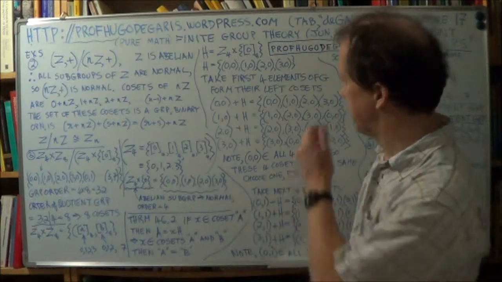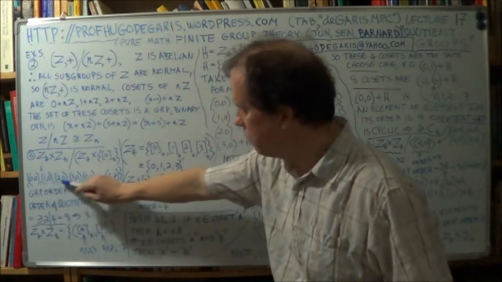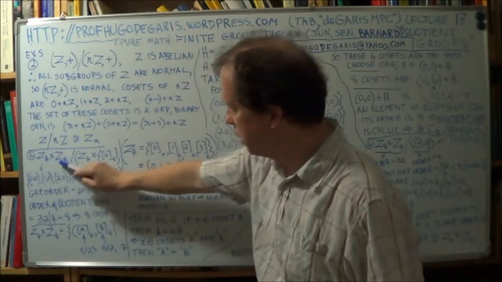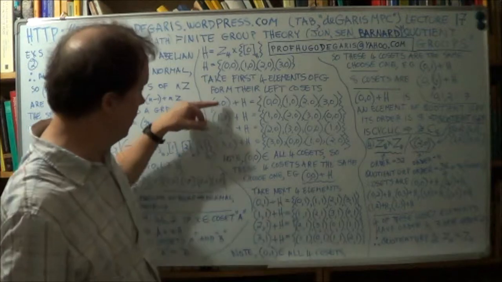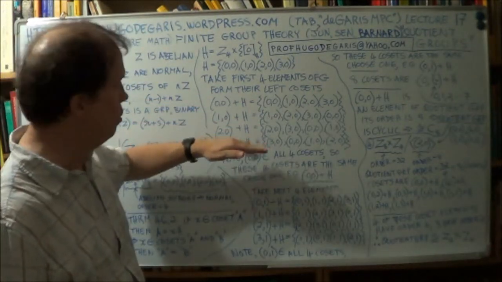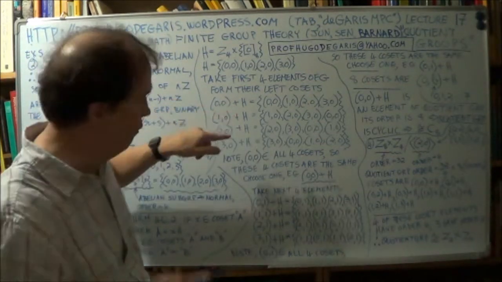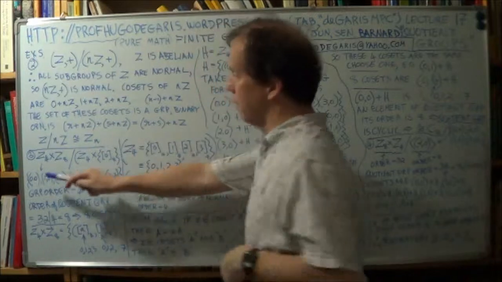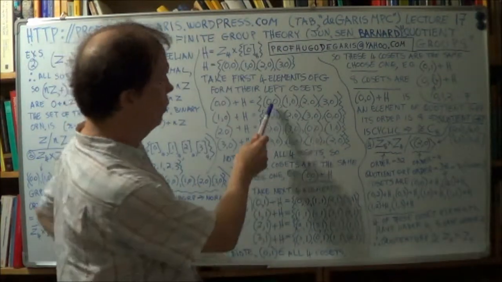That's H. Okay. Now, we're taking the first four elements of big G, these four, and we're forming the first four cosets, right? So we have 1, 2, 3, 4 cosets using the first 4 little g's, first 4 elements of your big group, big G, right? And look at the results.